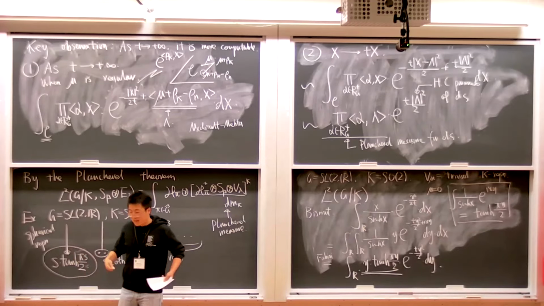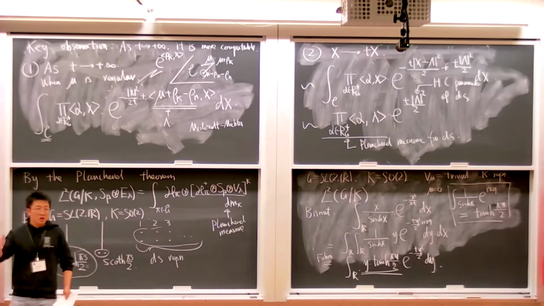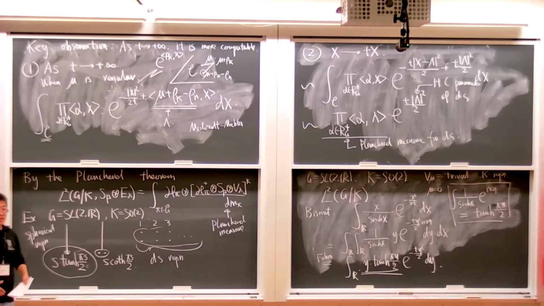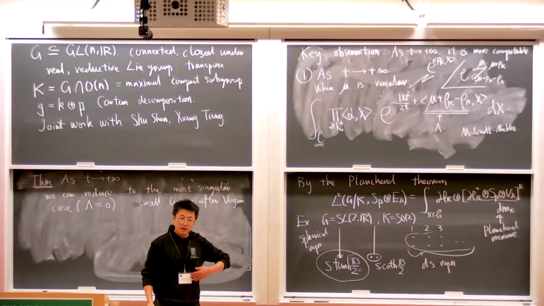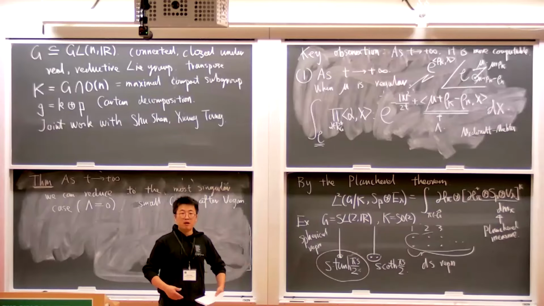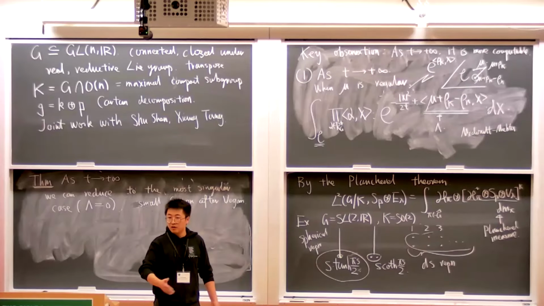What I'm trying to say is that in the singular case, if you wanted to compute this, the dominant term, there's no discrete series. What you get should be a family, and this is related by the Fourier transform. This is how we recover the Plancherel measure for the singular representations.